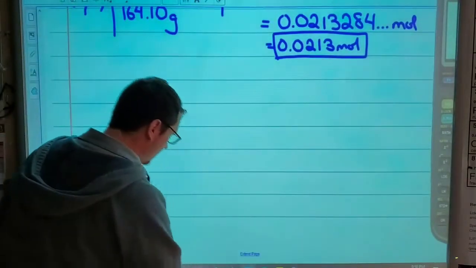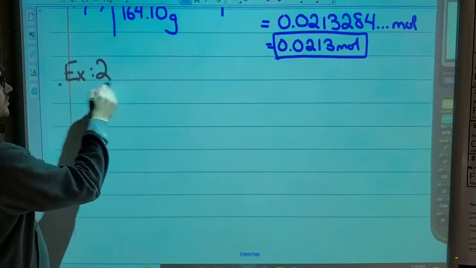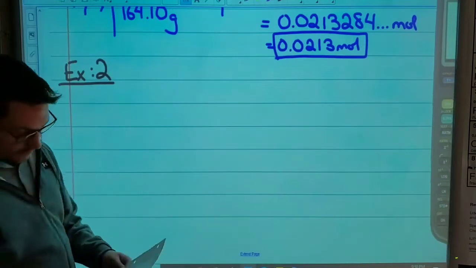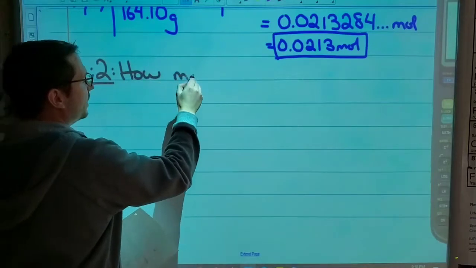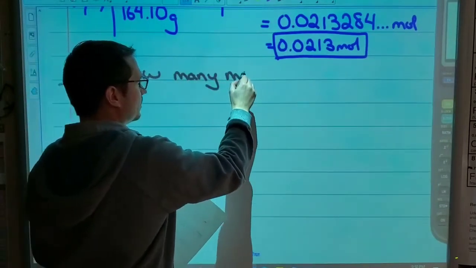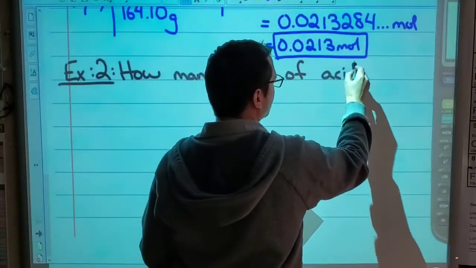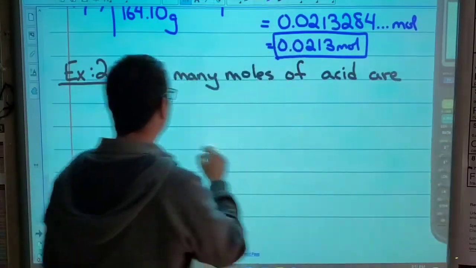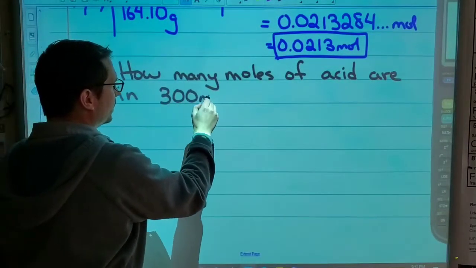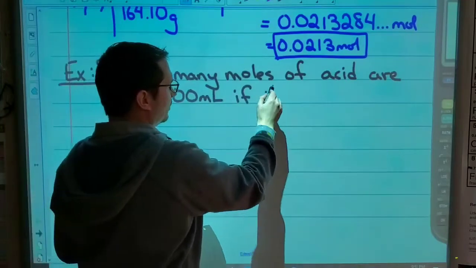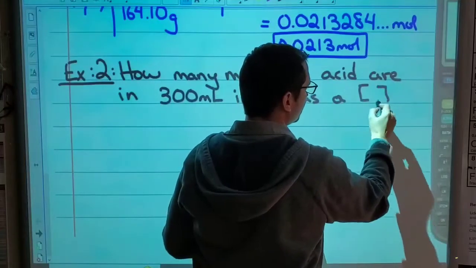So the next example that we're going to do, example number 2. How many moles of acid are in 300 milliliters if it has a concentration?